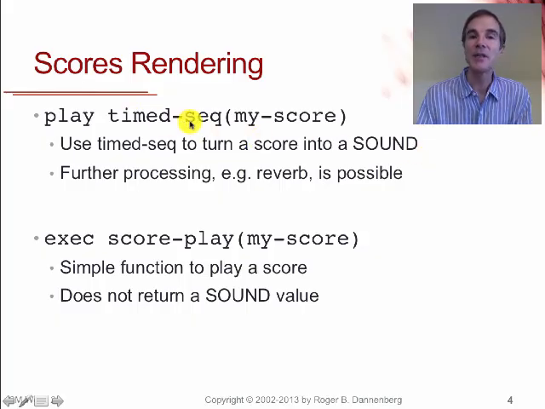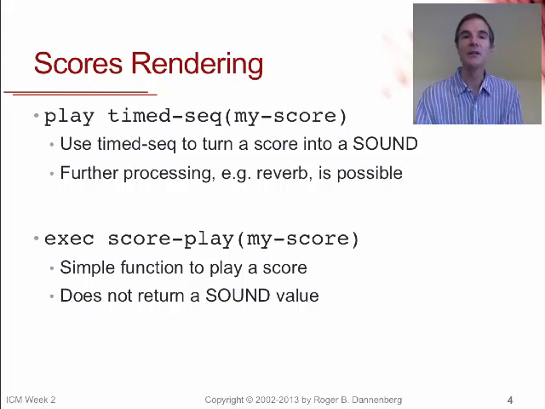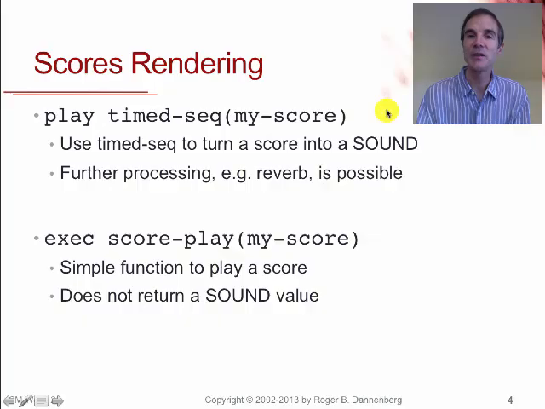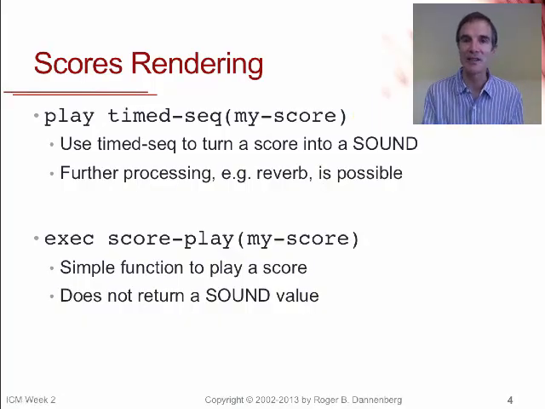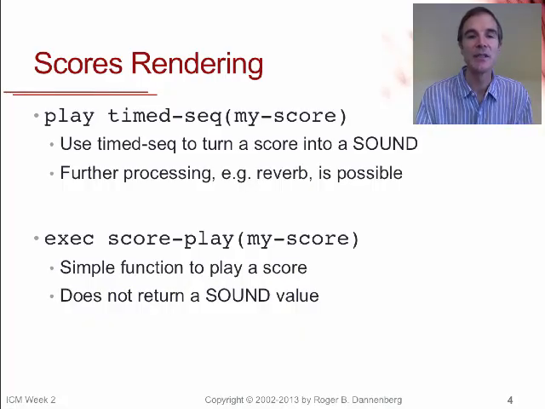So this timed seq returns a sound, and because of that, you can apply timed seq to a score, take the sound that comes back and pass it into a filter, pass it into a reverberator, other unit generators. So it's a very general system.